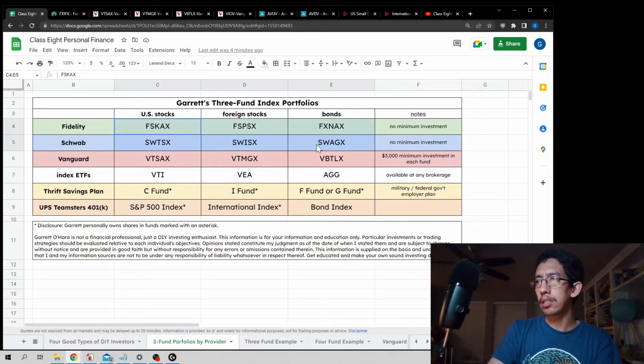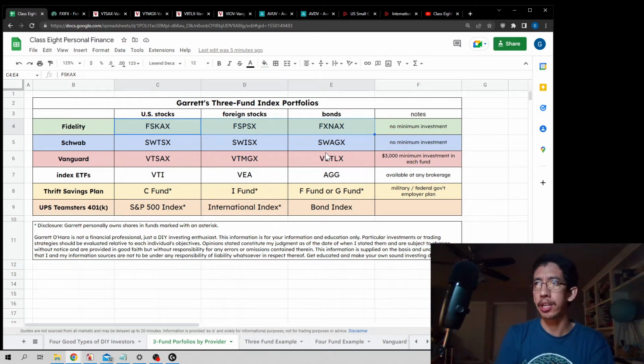And these six do not have a minimum investment. So if the minimum investment really is a concern for you and you just want to build a fund portfolio outright, I can definitely recommend Fidelity because I'm a Fidelity customer myself, and I've been very happy with their tech and their customer service. So you could just take these three mutual funds, build a three fund portfolio, and call it a day and not have to worry about the minimum investment.